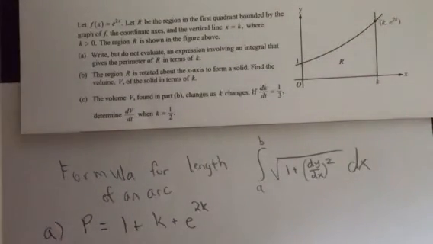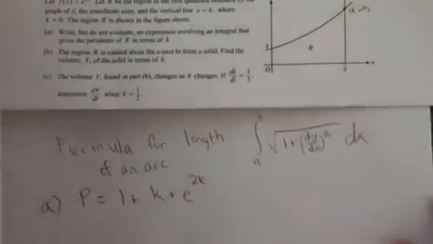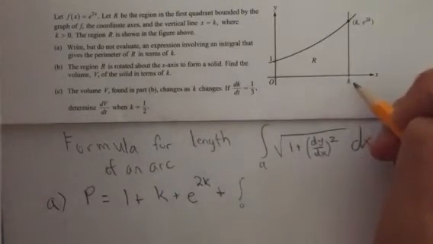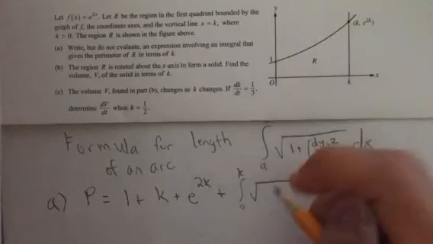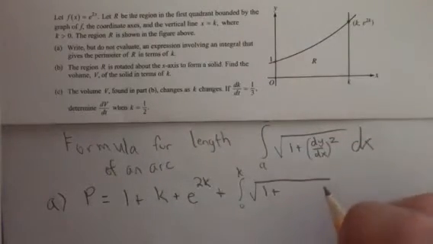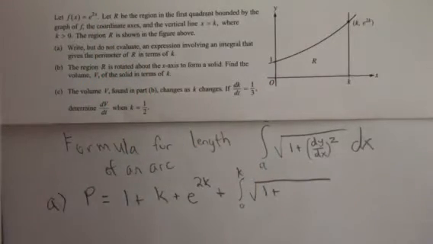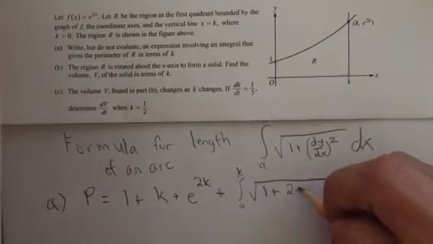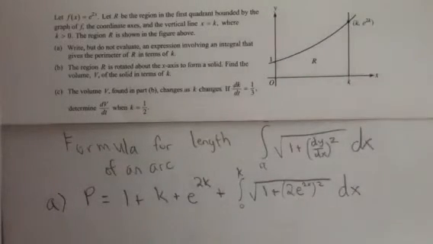Since we don't have to evaluate this for this question, it says do not evaluate, we can just go ahead and write this. So the starting x value is 0, the ending x value is k in this case, square root of 1 plus dy dx squared. Dy dx is the derivative of f of x. The derivative of e to the 2x is you just bring down the 2, and e to the 2x remains how it is. And of course that's squared dx. There you go. That is part A.